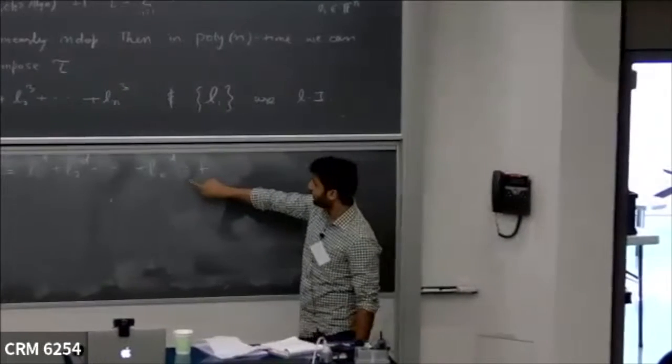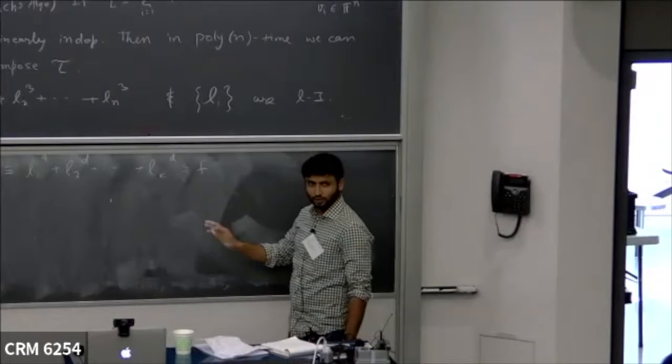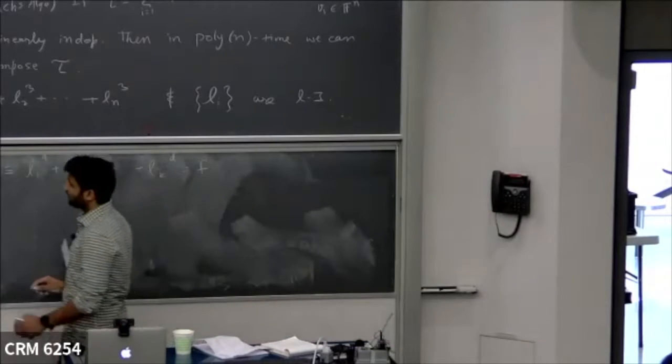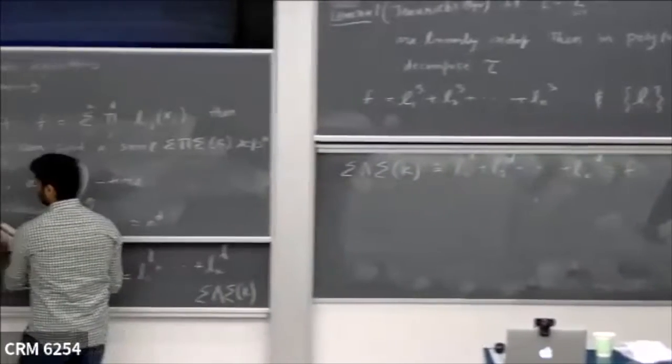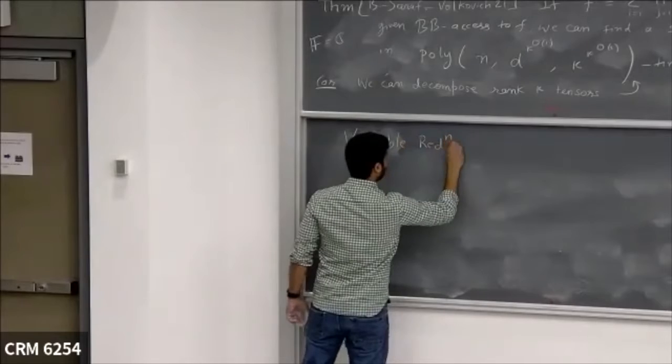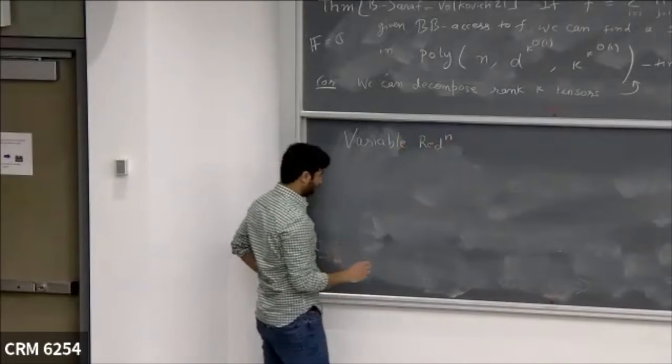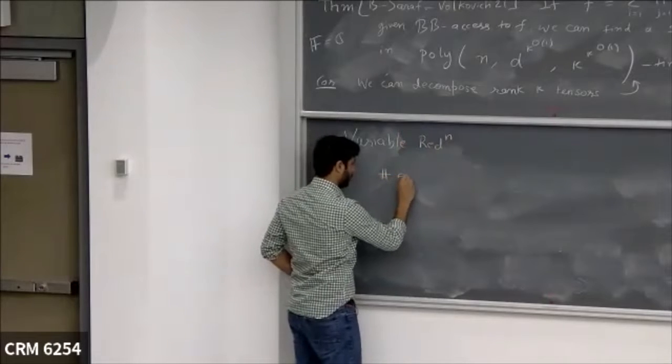For doing learning for this, we need a notion of essential variables. So let me write here: variable reduction. For that, we'll need the notion of the number of essential variables of a polynomial.